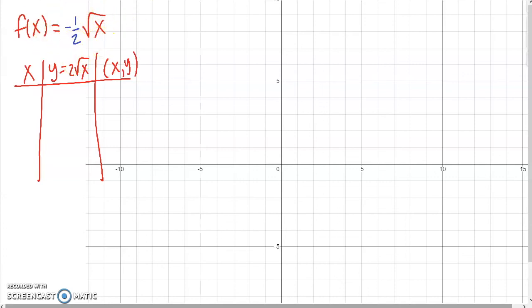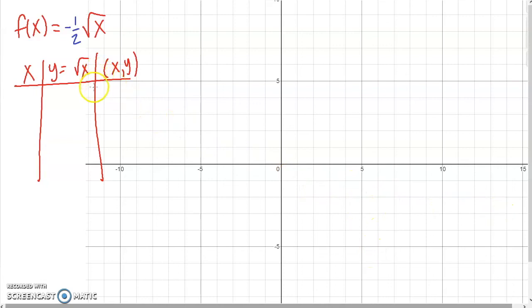Well, I know that this thing is supposed to be a North Korean missile shape, and because it's negative, we would want to picture it flipped over. So instead of a regular missile launch, we're going to have a flipped one. Because we're multiplying by 1/2, instead of it getting taller faster, it's probably going to get wider faster.